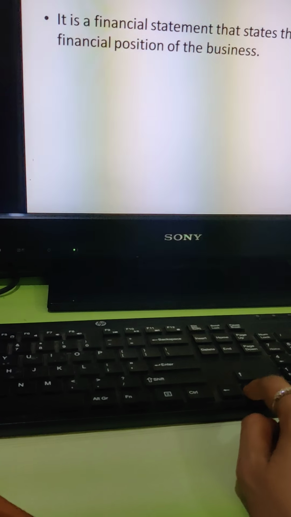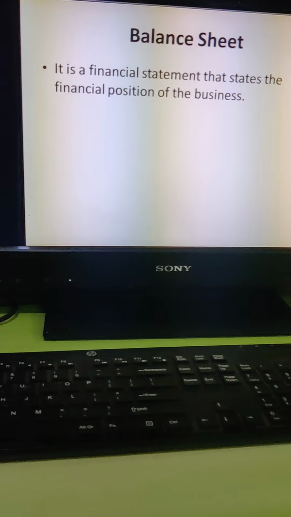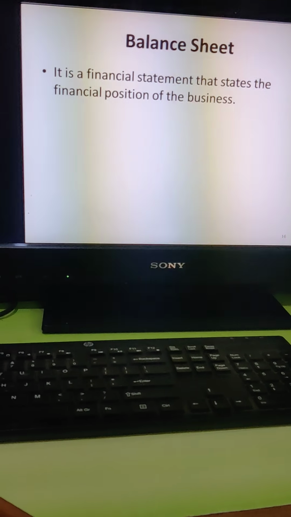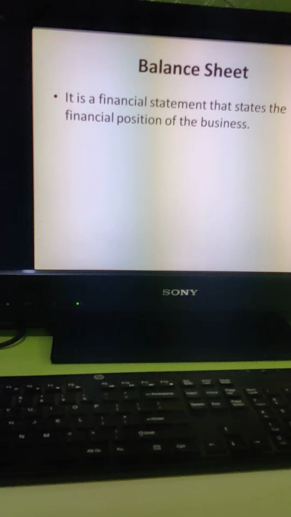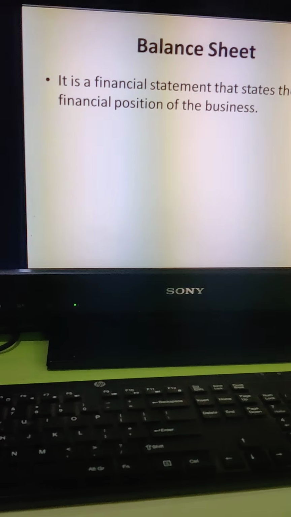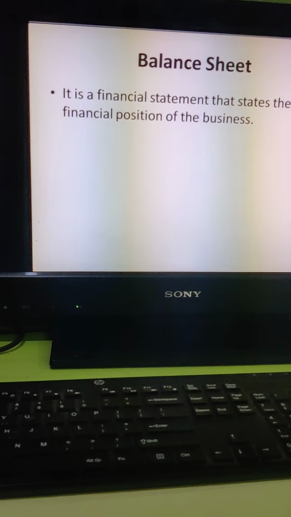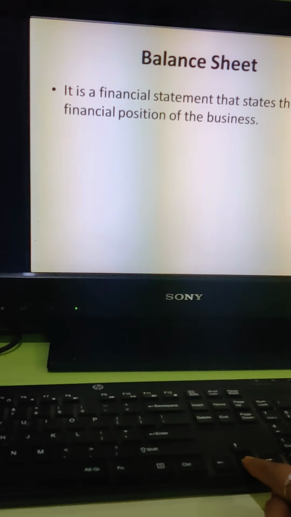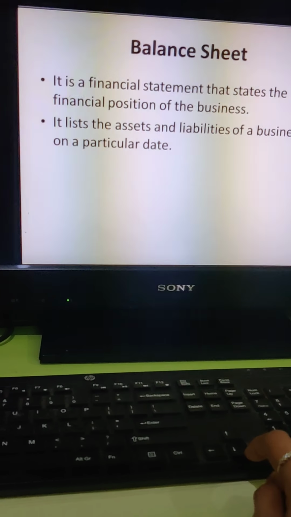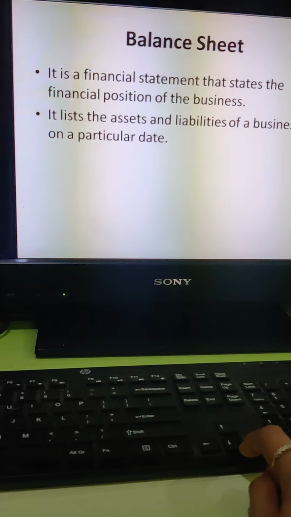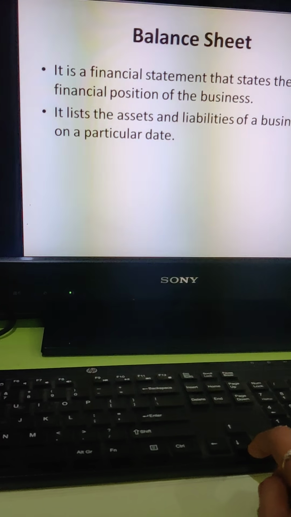Let us discuss now the second statement under final accounts, which is the balance sheet. Balance sheet is a financial statement that states the financial position of the business. It lists the assets and the liabilities of a business on a particular date.